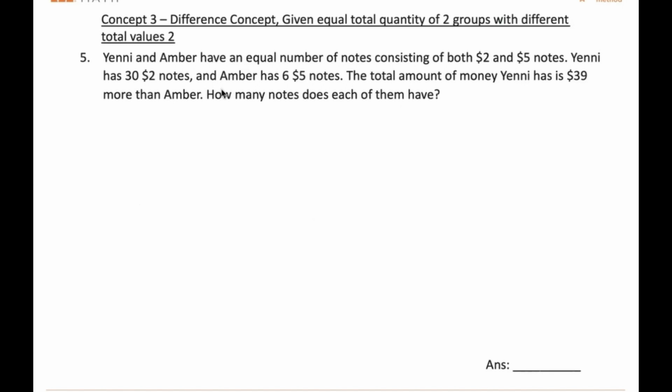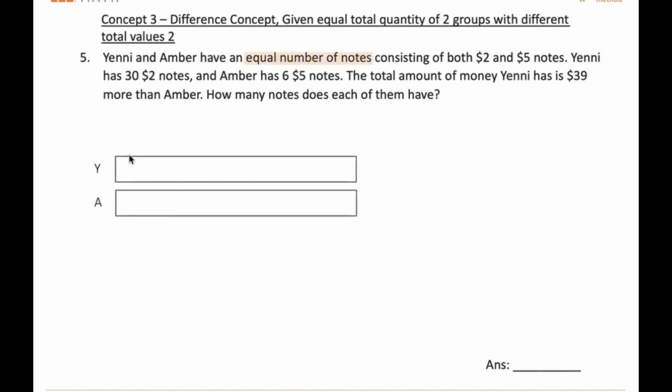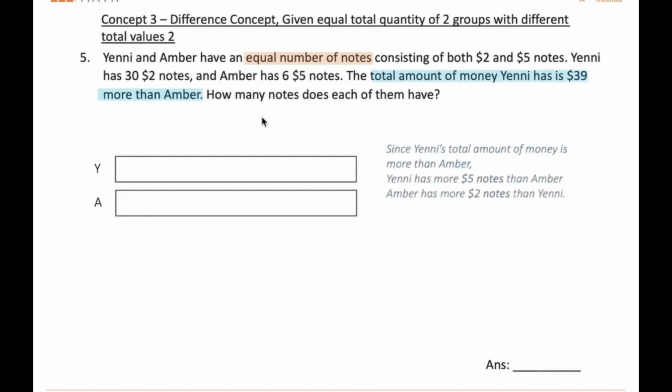So let's draw a model representing equal number of notes for Amber and Yanni. This is key. So we're comparing things when they are equal. Now, we know that Yanni has 30 $2 notes.